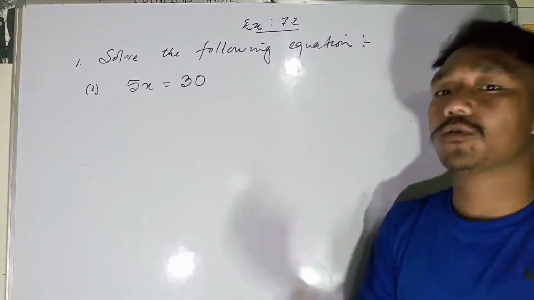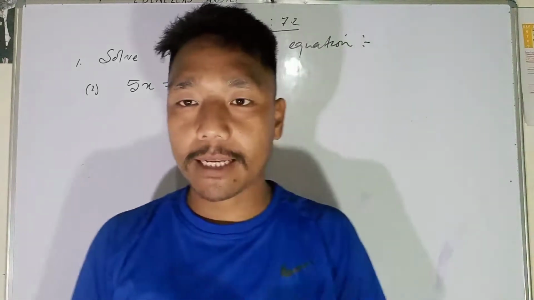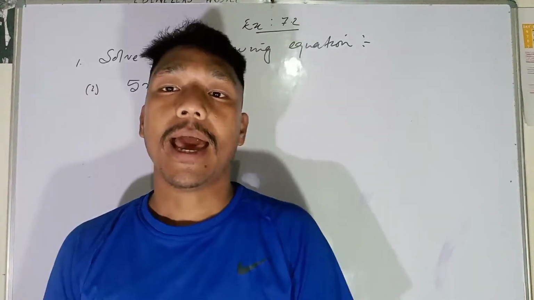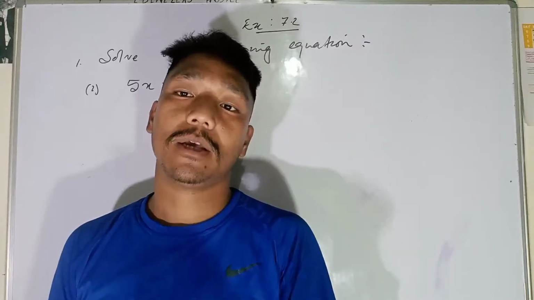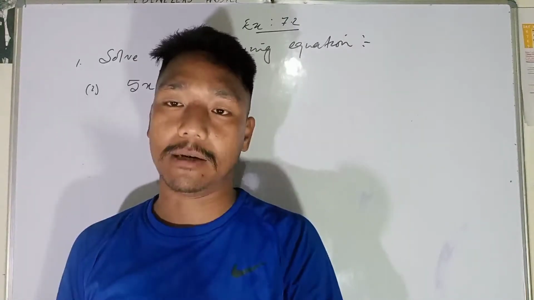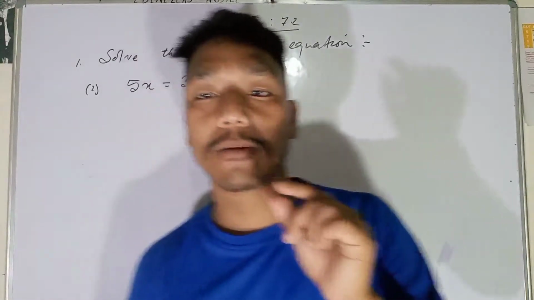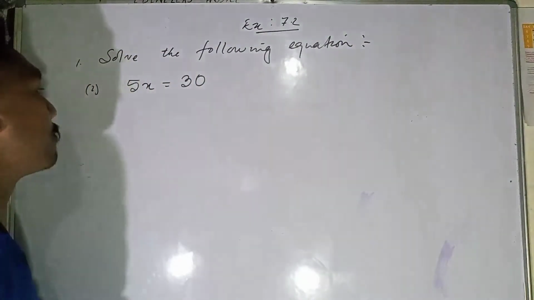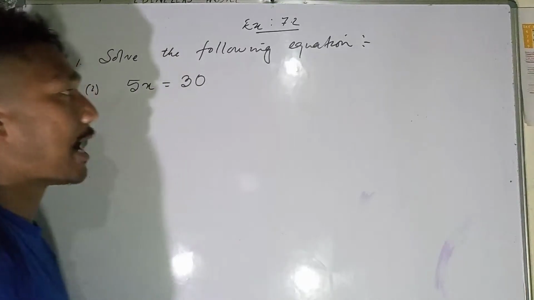In order to solve this, putting the values x = 1, x = 2, x = 3 is what we call the trial and error method, and the trial and error method is one of the lengthiest methods. In order to make it easier and more convenient to find the values, we have a direct method.